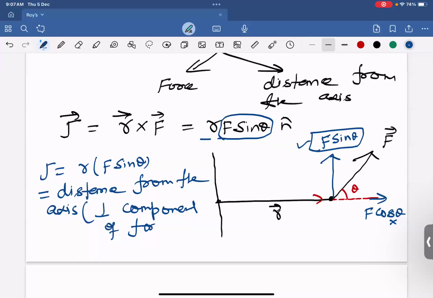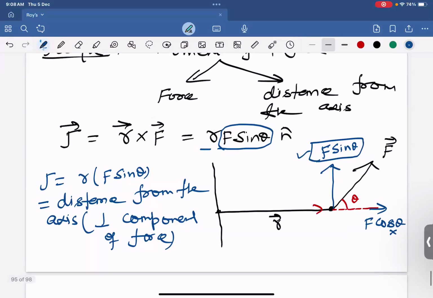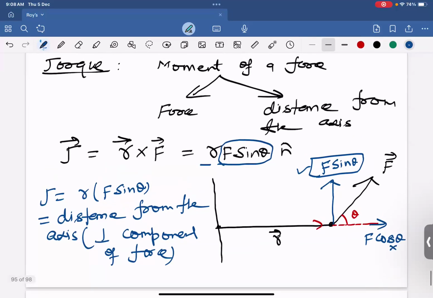That is the meaning of torque. You got it, Neil? Yes, got it, sir.